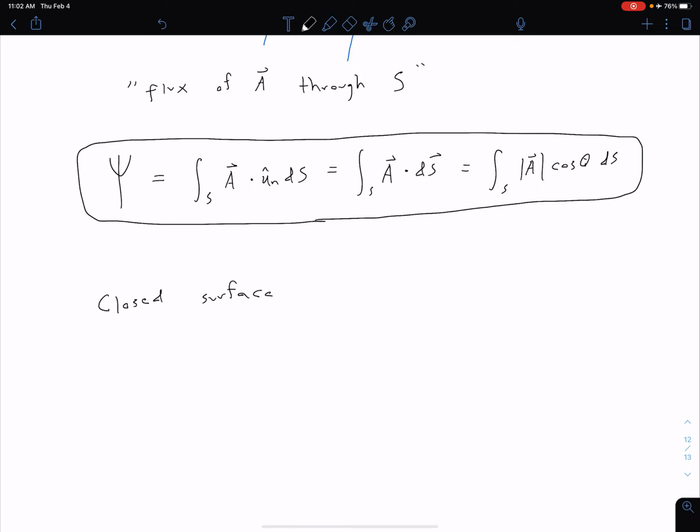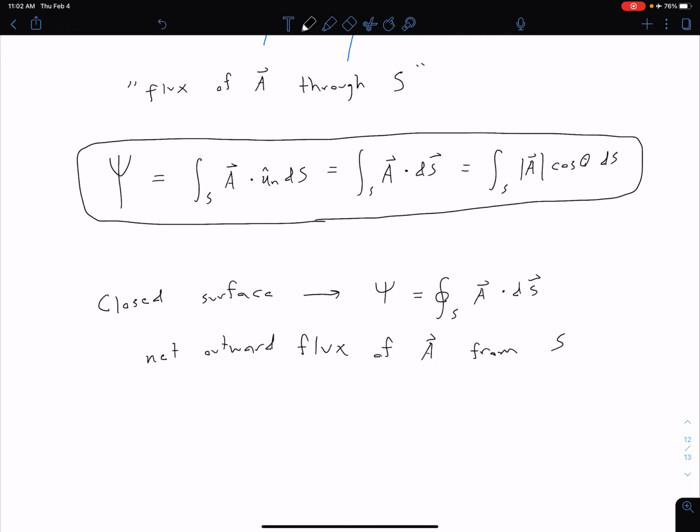If we have a closed surface, our flux is equal to the integral over S, and we put a little circle on our integral sign again to indicate it's a closed surface, and that's still going to be A dot ds. However, this then represents our net outward flux of A from surface S.